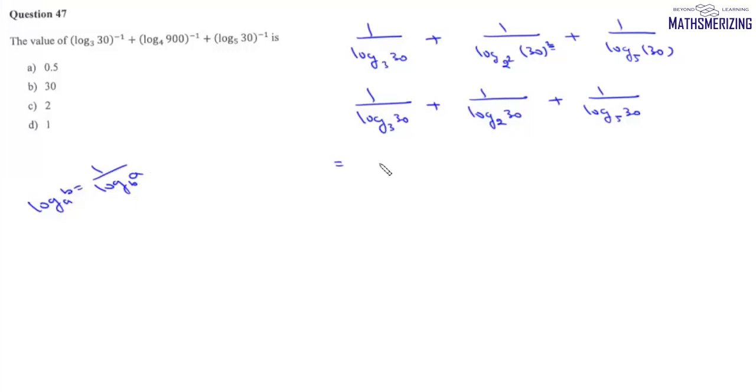So using this property, we can write this as log 3 base 30 plus log 2 base 30 plus log 5 base 30. Now log m plus log n is log m into n. So it'll be simply log 30, and here it'll be 6 into 5, again 30. Log a base a is simply 1. So the answer to this question is 1, and that's your option number D.